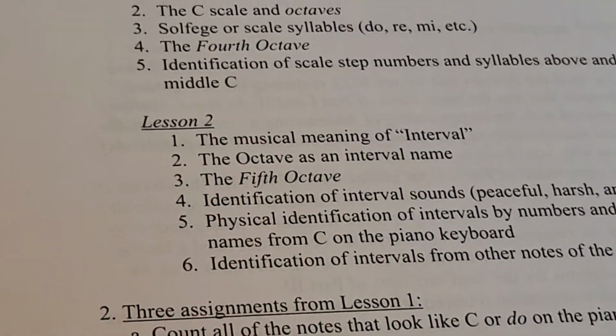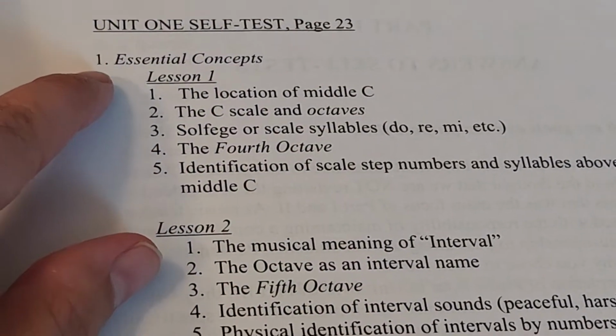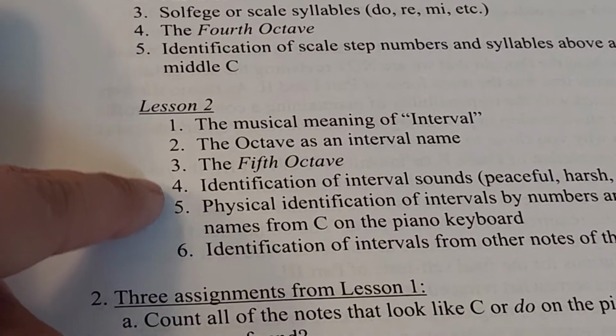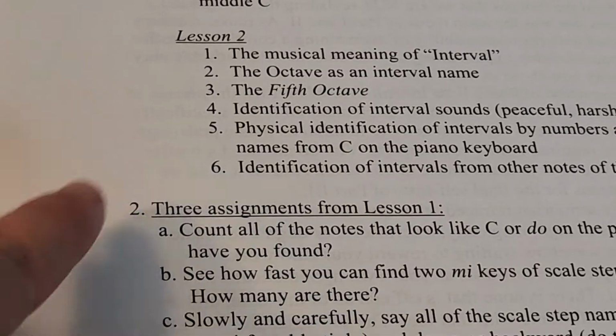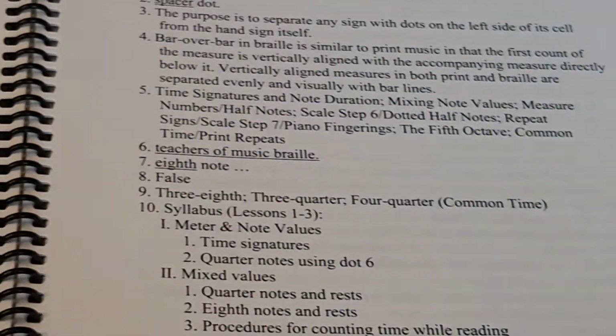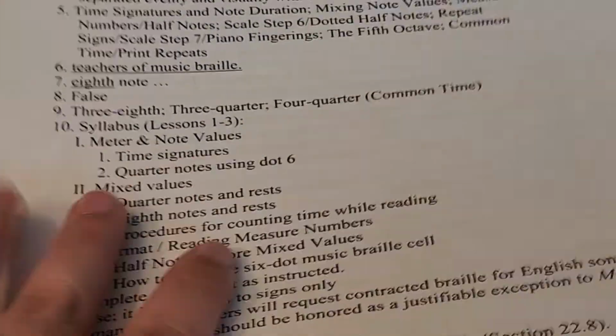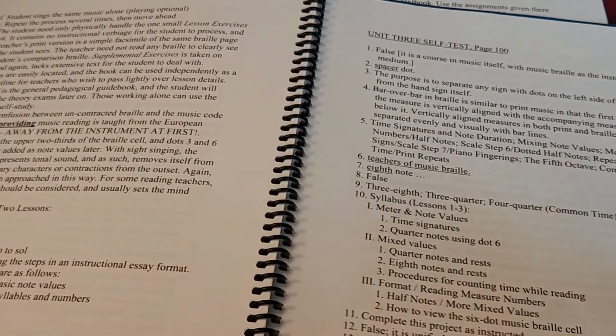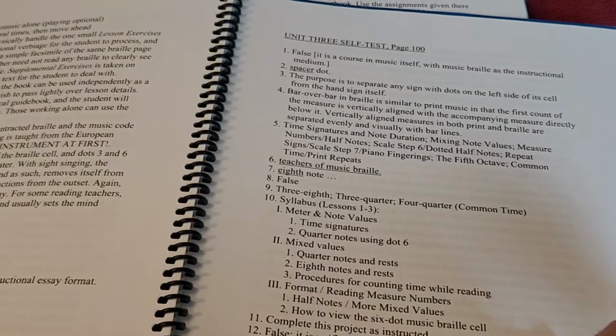So it looks like they give a lesson outline of key concepts, and then section 2 gives you the actual answers for the exams in this book. So that's how that works. You learn something new every day.